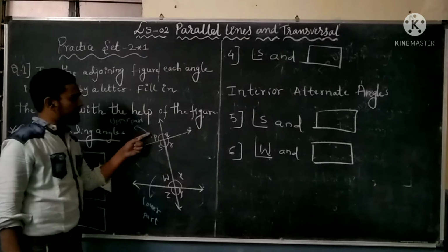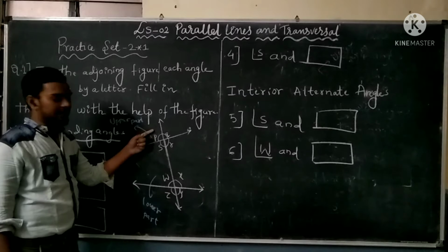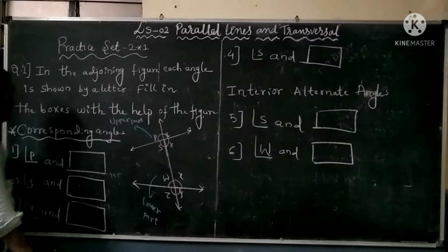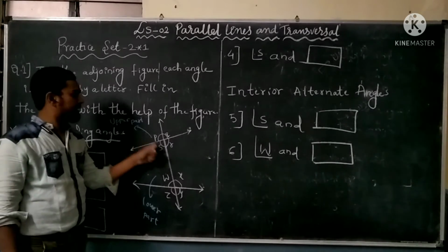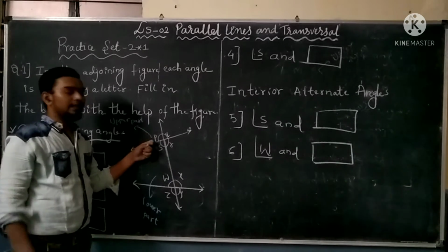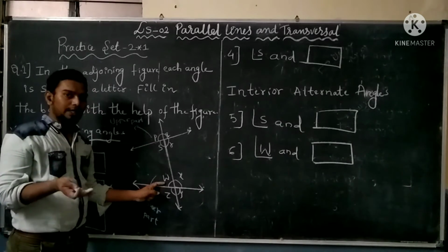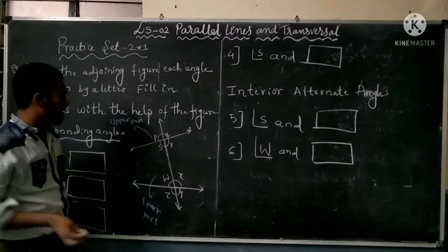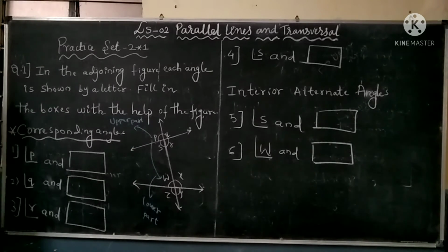Here the upper part in the upper arm has its corresponding angle W in the lower arm, also on the upper side. Angle P is given on the upper side of the upper arm, and in the lower arm, W is on the upper side.